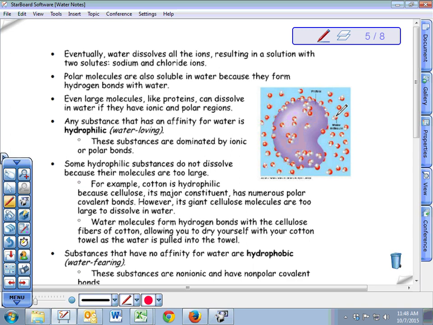Same thing with starch. There's a reason you can dissolve starch in water. Starch is a giant molecule. It won't dissolve in any other liquid except water, because water is the only thing that's going to be able to surround each starch molecule in its own little bubble.